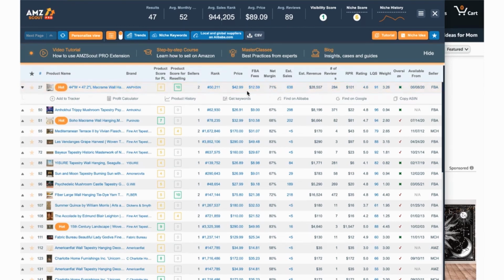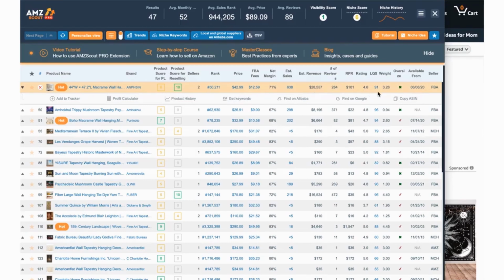And it seems that because it is priced at $43 with the Amazon fee of $12.59, you would have decent profit from here. So just like how I used 50% for the other example, if you have 50% profit margin, then you would make about $14,000 just by selling this item.